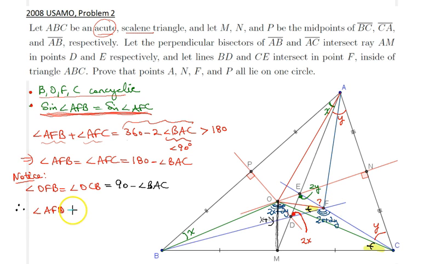So angle AFO is simply equal to angle AFB minus angle OFB.